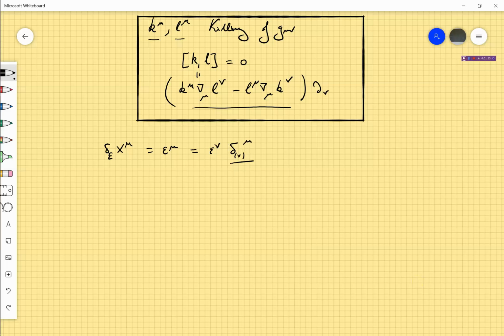Now, comparing with the general expression that I have written before, you realize that this is nothing but a set of 4 possible Killing vectors. Each of them is constant.